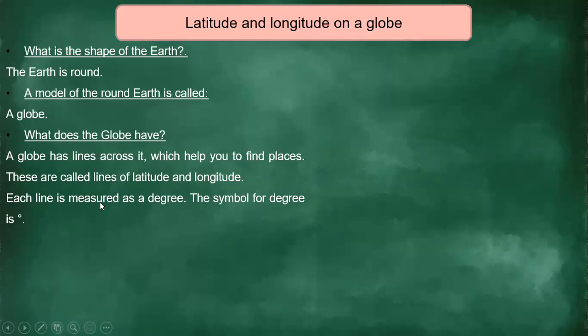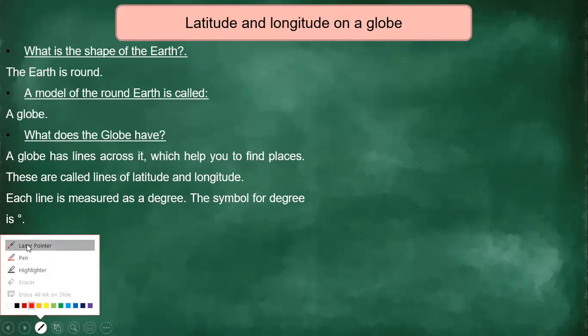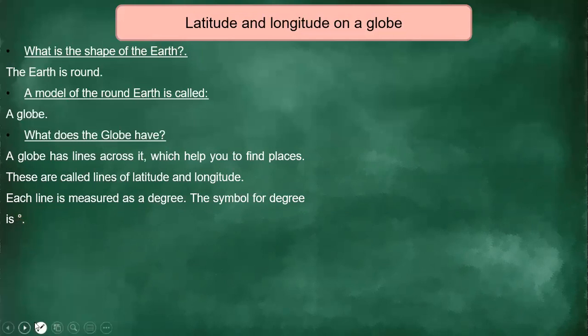Each line is measured in degrees. The symbol of the degree is this one. This is the symbol of a degree, which we use when we measure.